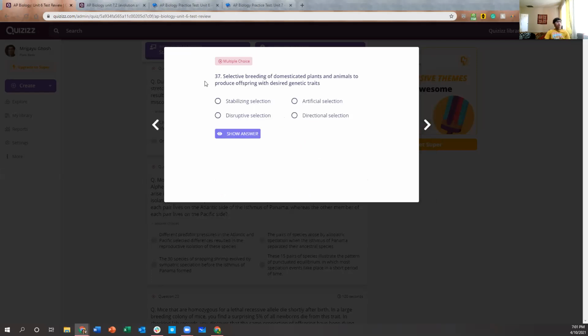Okay. Selective breeding of domesticated plants and animals to produce offspring with desired genetic traits. So this is artificial selection. It's done by a breeder, right?